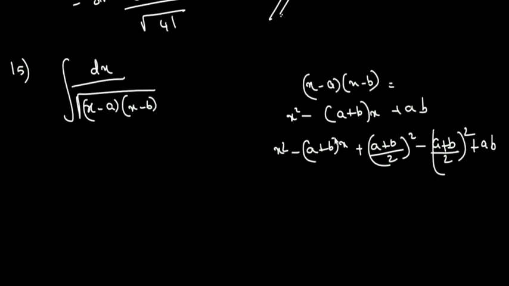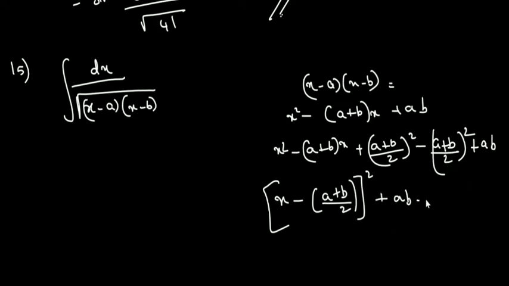So it is equal to, these three terms will become, there is a minus sign here. So it is x minus this a plus b by 2 the whole square. So this term will become x minus a plus b by 2 the whole square. You can write plus ab first, minus a plus b the whole square by 4.